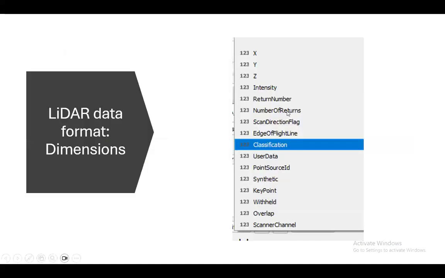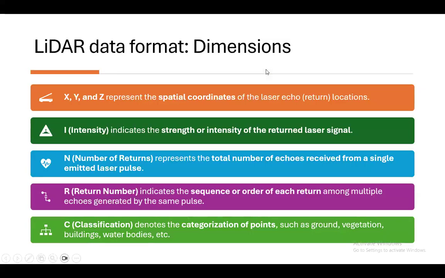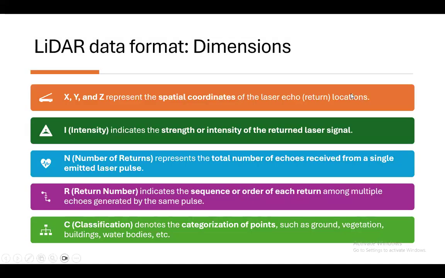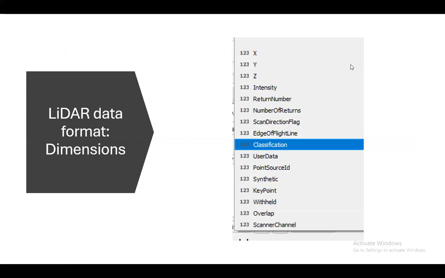These are the other dimensions recorded during data processing. I told you it is not only about X, Y, Z, I, N, R, C, but other information is also recorded. This is a screenshot I have taken from the software. You will also see it when we do the hands-on part. You can see X, Y, Z is recorded, intensity, return number, number of returns, scan direction flag.